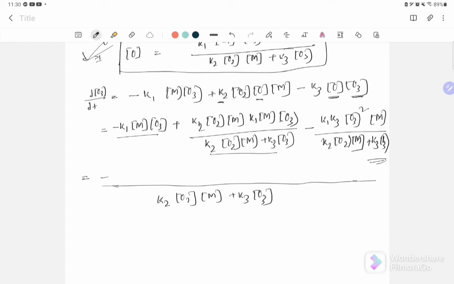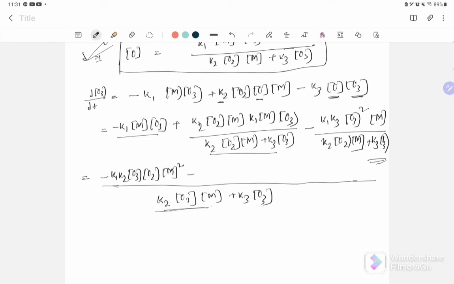The first term is minus K1 K2 [O3][O2][M], and here M is also there, so M squared.